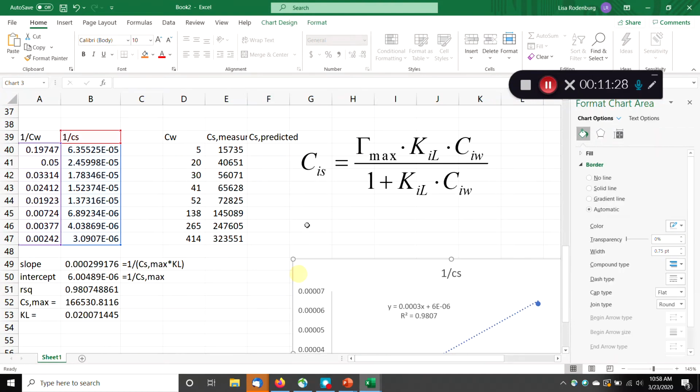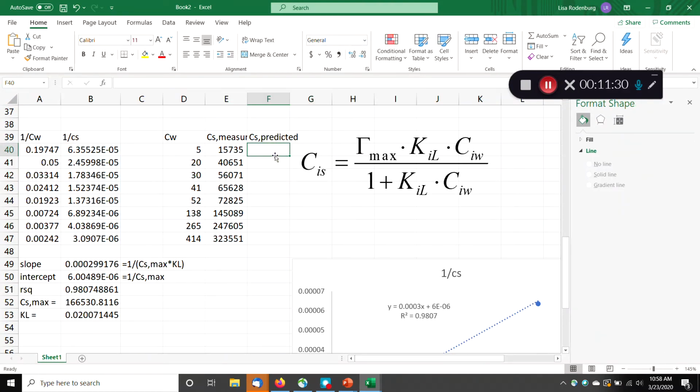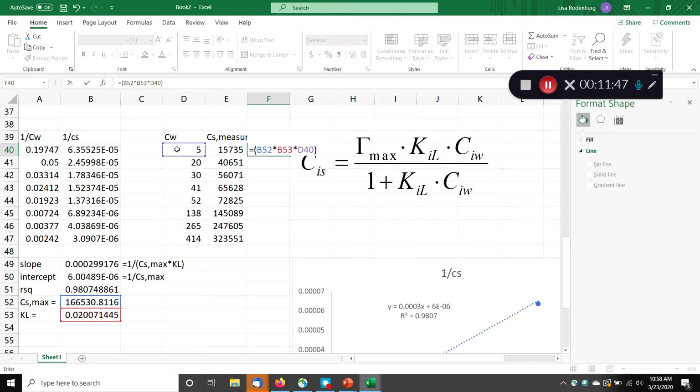Okay, so our CS predicted is equal to parentheses, CS,max, which is the same thing as gamma max here. So CS,max times KL times CW, parentheses, divided by parentheses, 1 plus KL times CW.